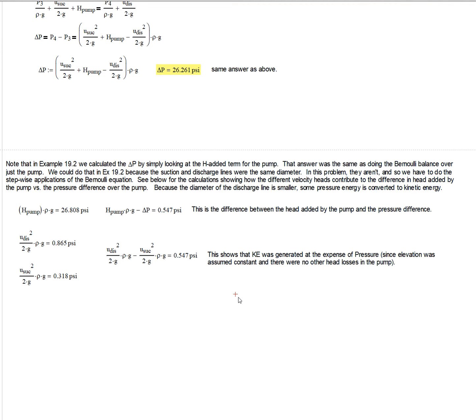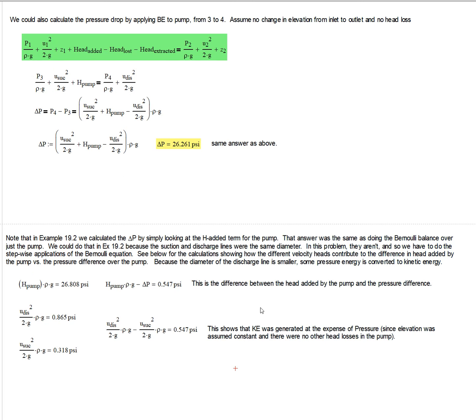If you look back at that video, when we calculated the delta P for that pump, we did the calculation from position 1 to position 2 across the whole system.